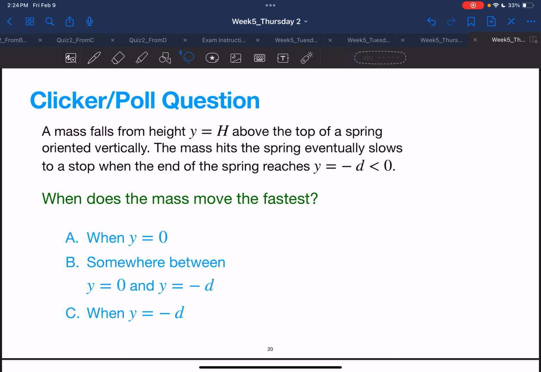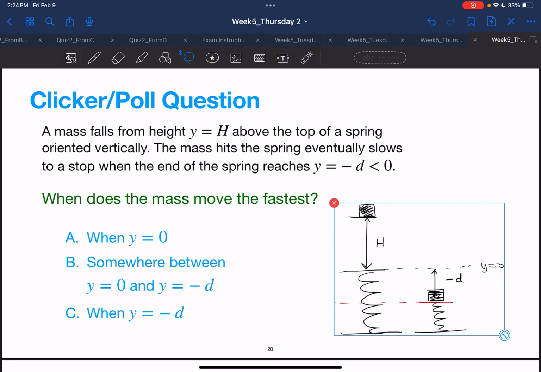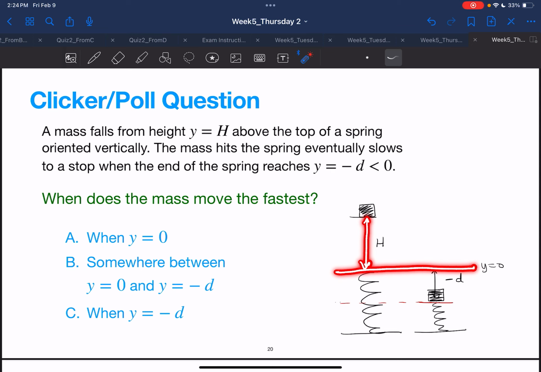So here I'll draw a picture of the setup. The block starts at some height h above our y equals 0, where it makes contact with the spring.